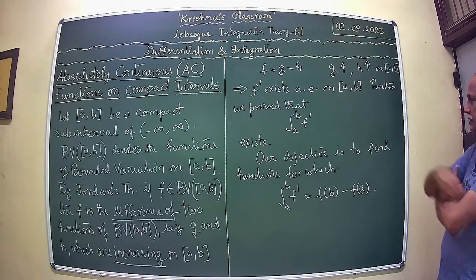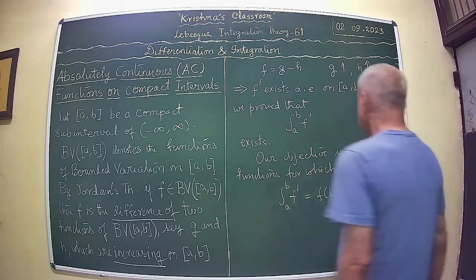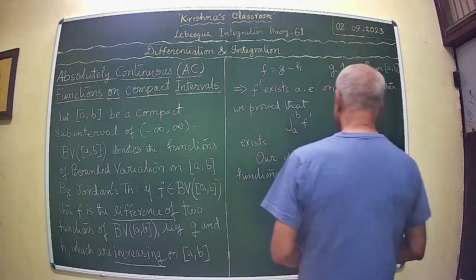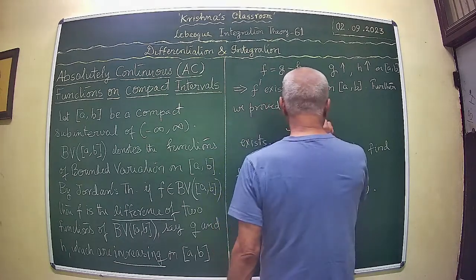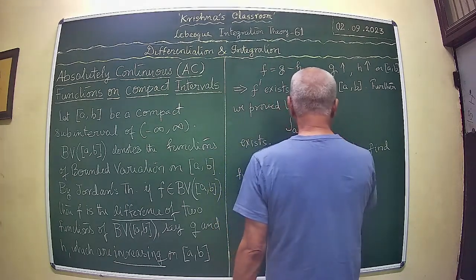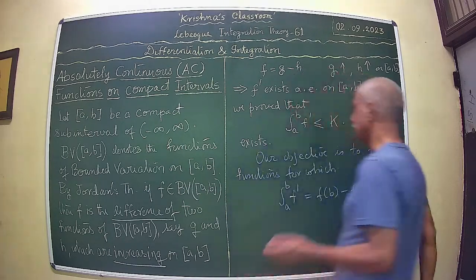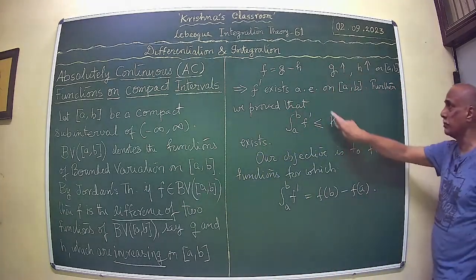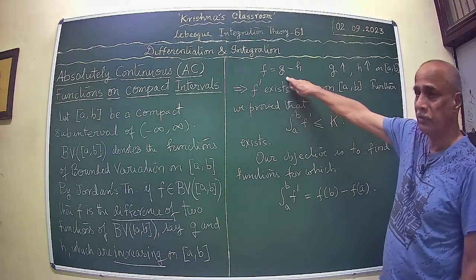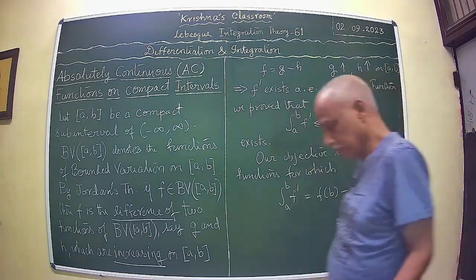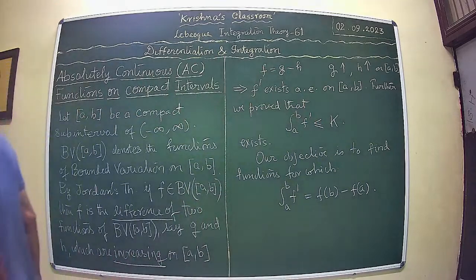But this actually falls short of that. You can show that this exists and you can give a bound, say less than k, where k is determined in terms of the integral of g derivative and h derivative. So see the details.